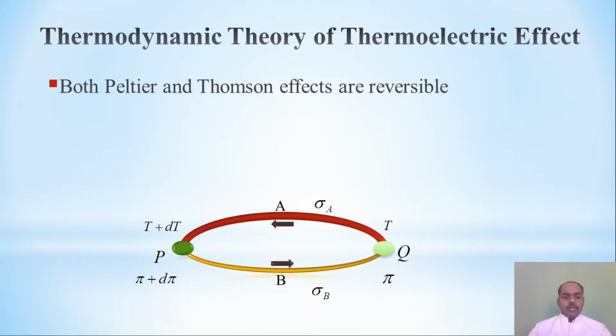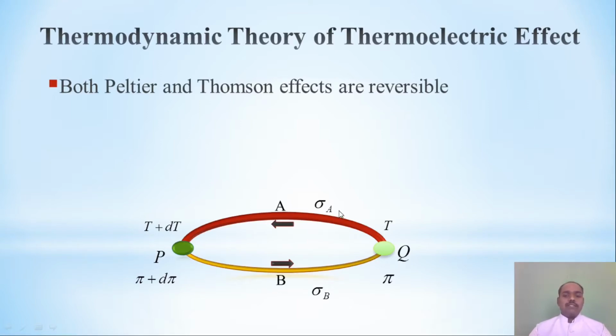Here it is a thermocouple between metals A and B. It has a temperature T plus dT at junction P and a temperature T at junction Q. The Peltier coefficient at junction Q is pi and the Peltier coefficient at junction P is pi plus d pi, and the current flows from A to B through the junction P.